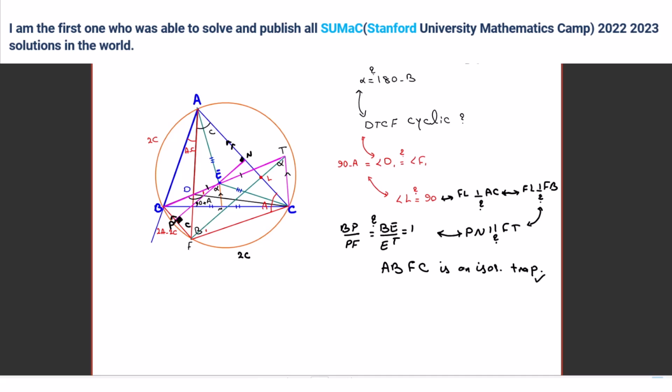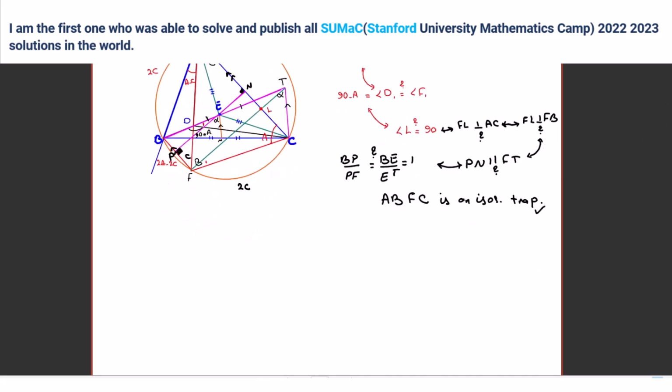Well, PN is the perpendicular bisector of AC, and it's an isosceles trapezoid. You can say by symmetry or any other thing. Because it is an isosceles trapezoid, it is the perpendicular bisector of this, so it passes also through the midpoint of here, right?